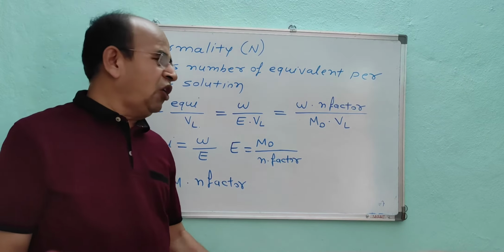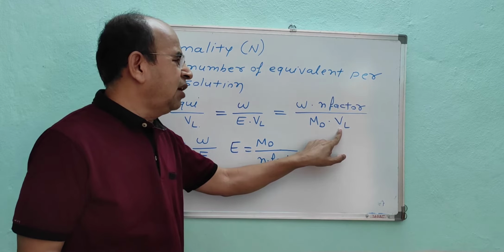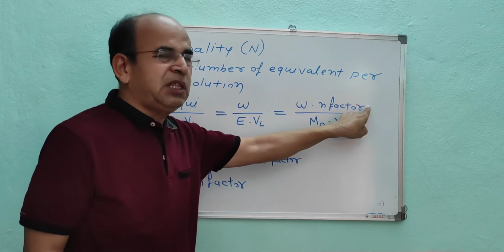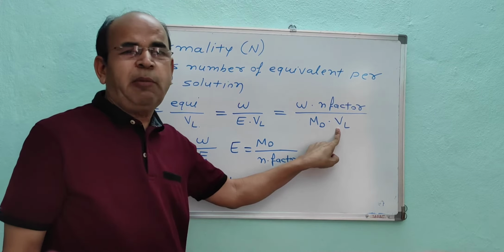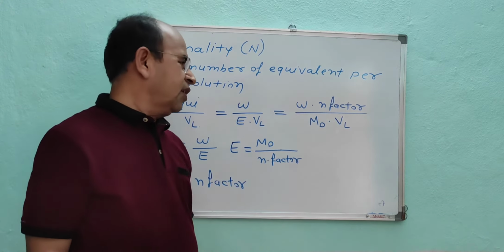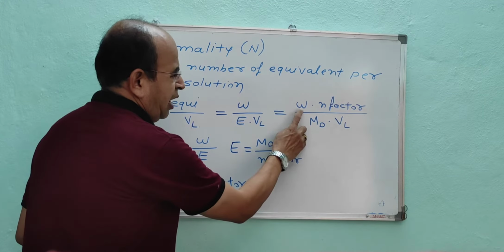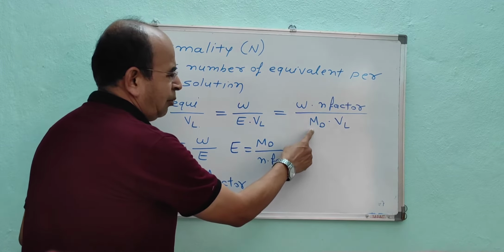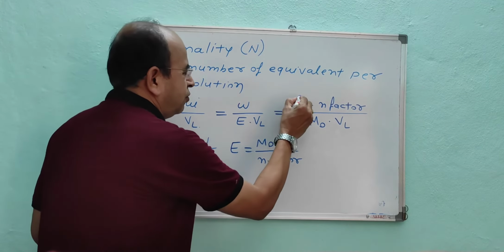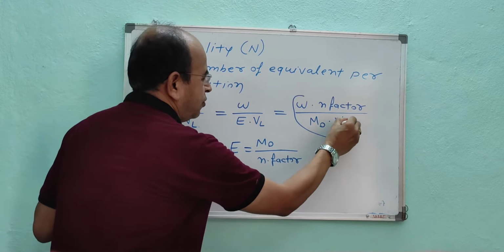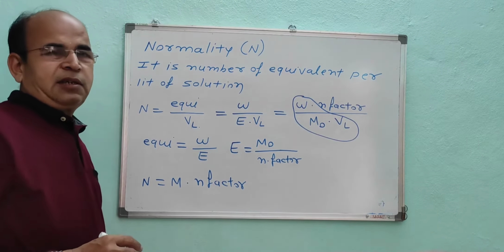Now if we take the volume of solution in ml, then you will have to multiply by 1000. Now see, W divided by molar mass into V, you know that this is the molarity.